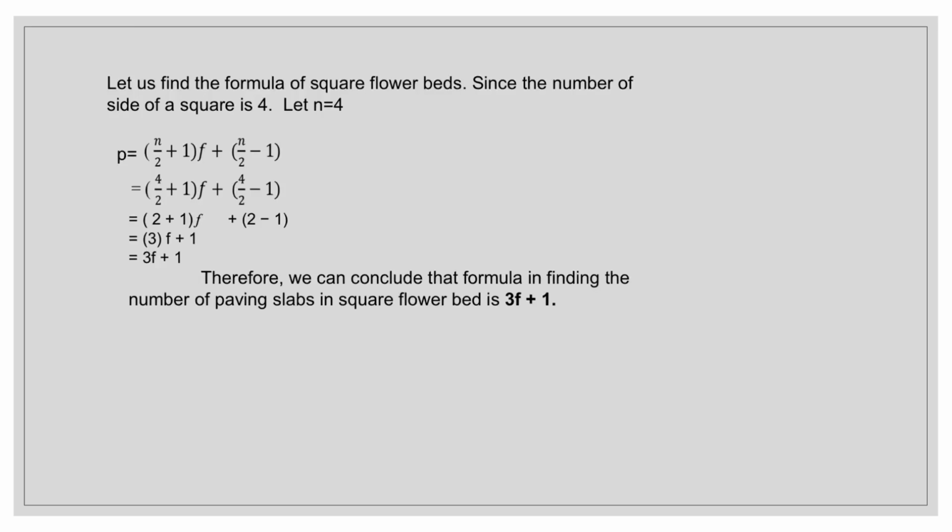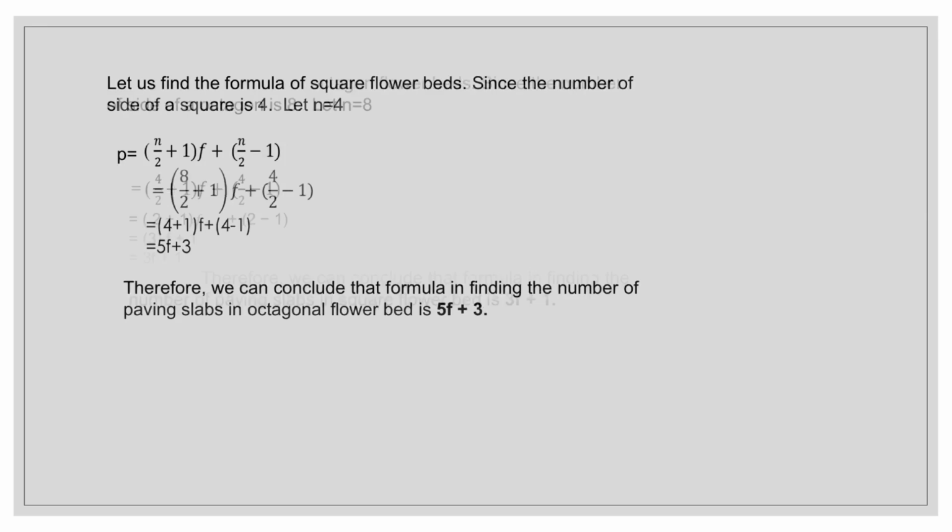So, magiging 4 over 2 plus 1 multiplied by F plus 4 over 2 minus 1. So, ang final answer natin is 3F plus 1. Therefore, we can conclude that the formula in finding the number of paving slabs in a square flower bed is 3F plus 1. So, tama yung nakuha natin.